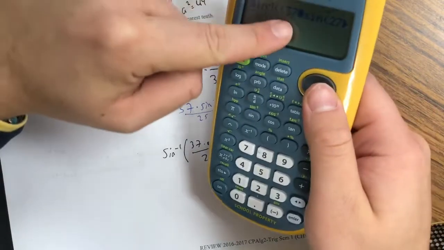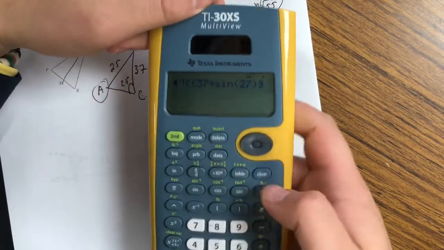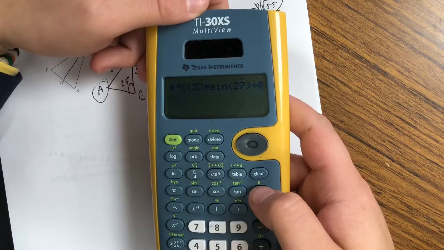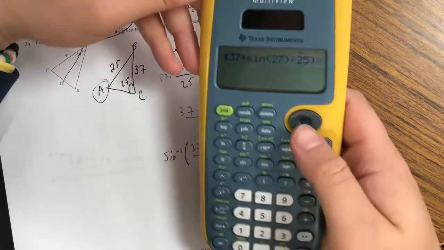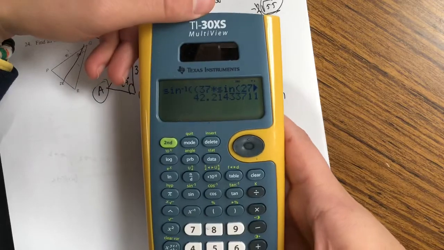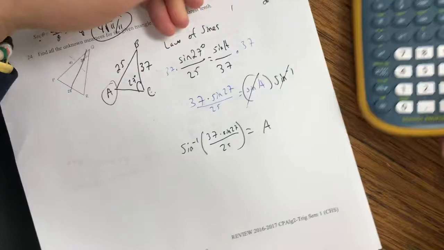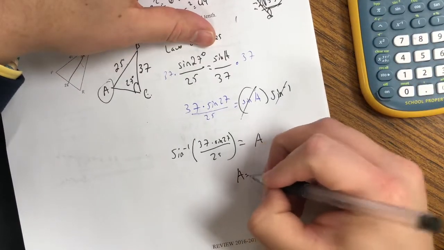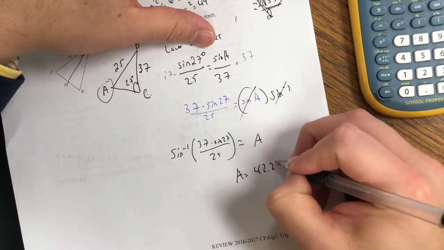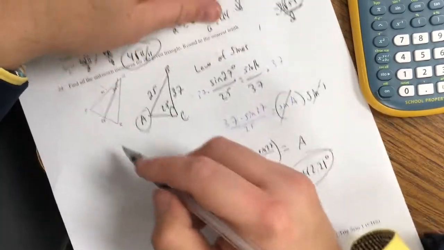So all in parentheses, 37 times sine of 27 divided by 25, close that parentheses. So all of that gets put in, and we should get our angle measure, which is 42.214. 42.21, 42.214, however you want to write that is good with me. So A equals 42.21 degrees. We'll just keep it simple for this one. So that's A.